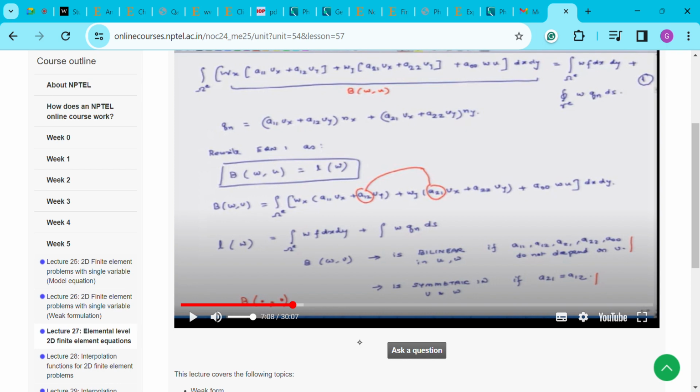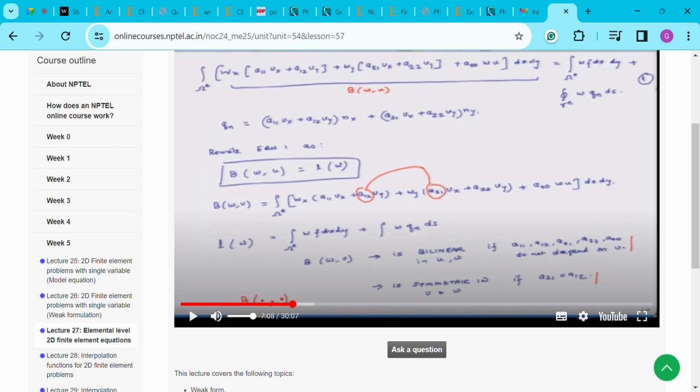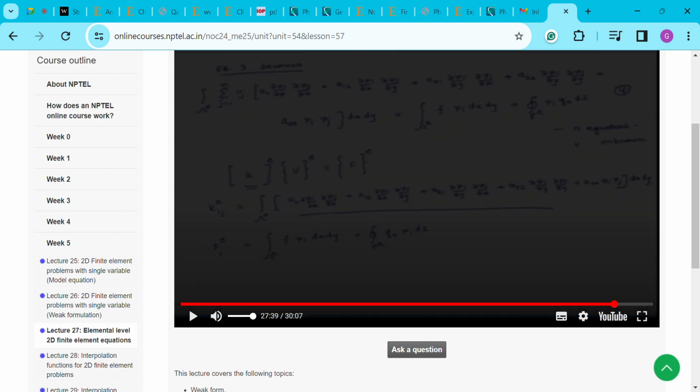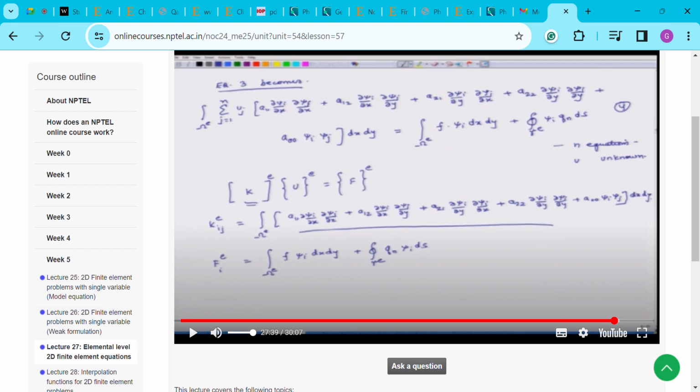It is bilinear in U, W if the coefficients do not depend on U, yeah, these are the conditions. It is bilinear in U, W if the coefficient is not a function of U, and symmetric if A21 is equal to A12. In the last of this video, please come a little forward, one slide.